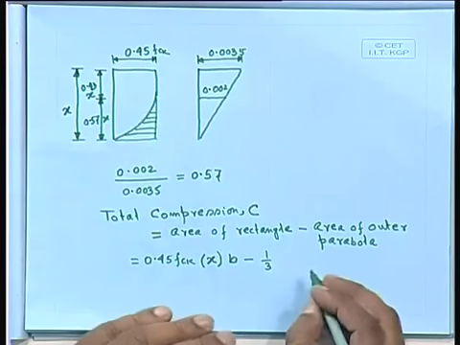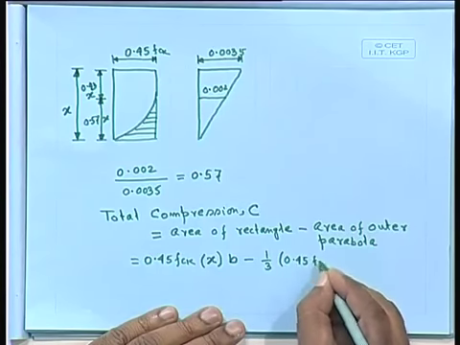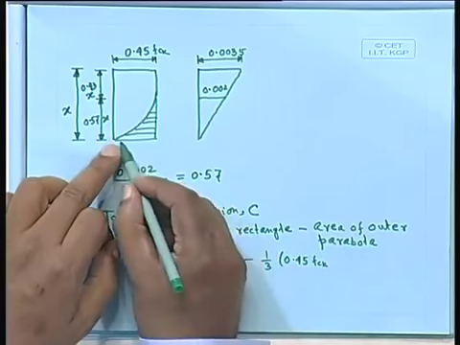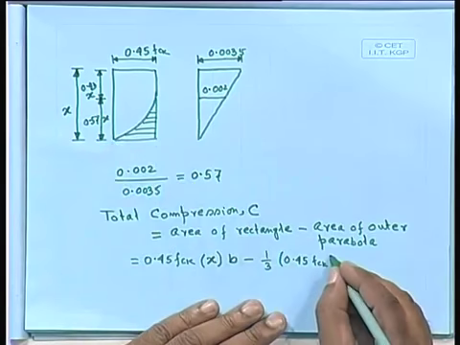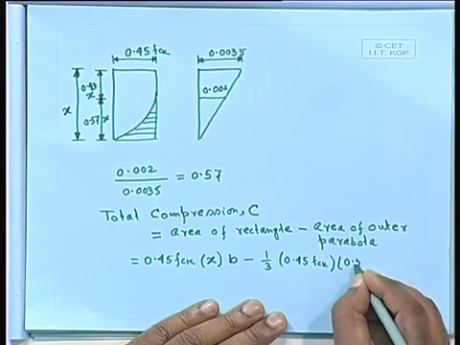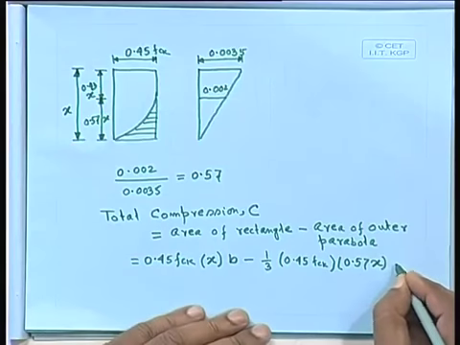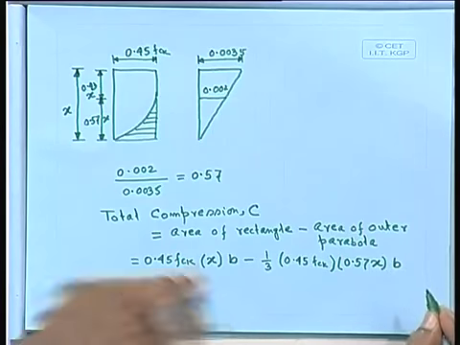We have to find out this area, 0.45 fck, this one also 0.45 fck, multiplied by 0.57 x, multiplied by the width b.